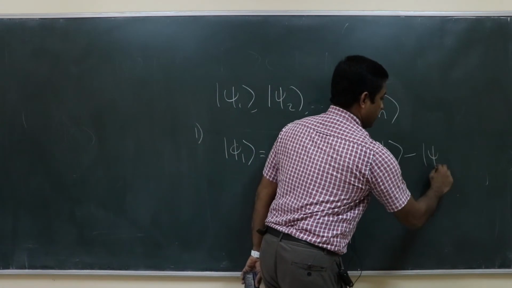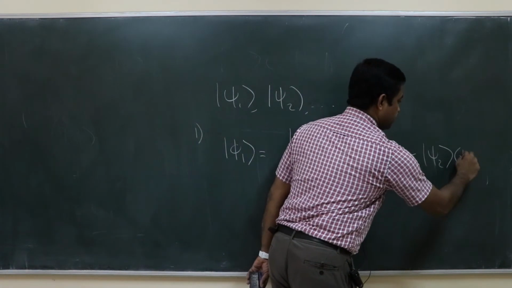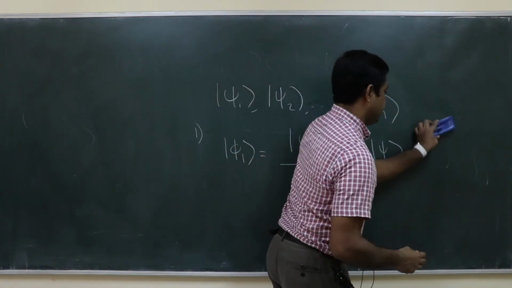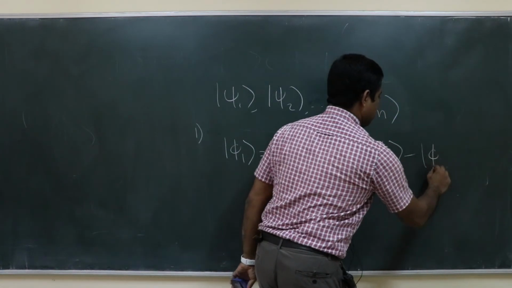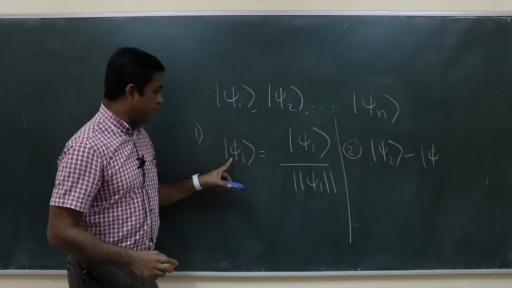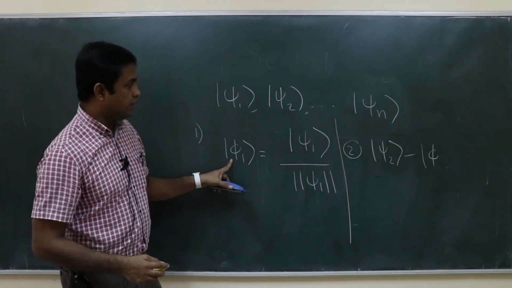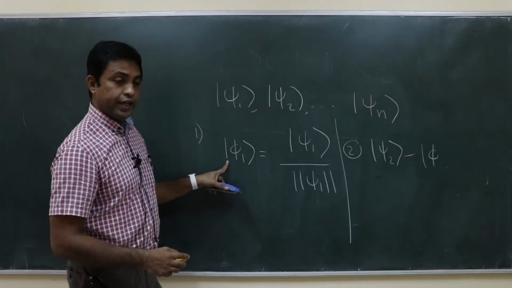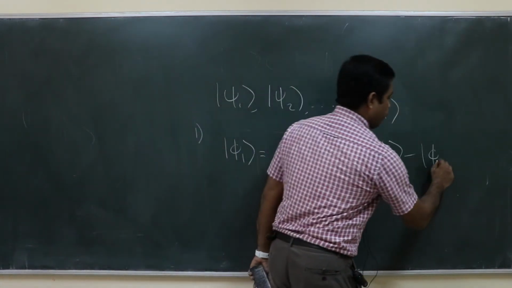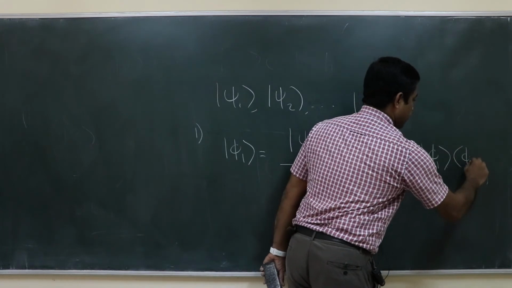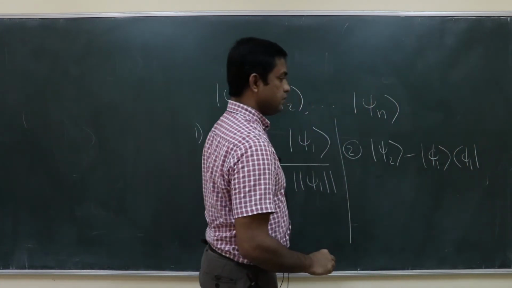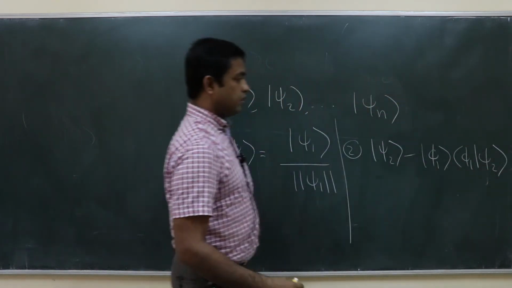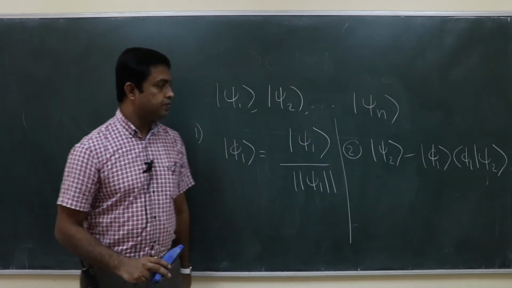Actually, ket psi2 I will make orthogonal to ket phi1, not psi1. So ket phi1 bra phi1 ket psi2. Is this clear?